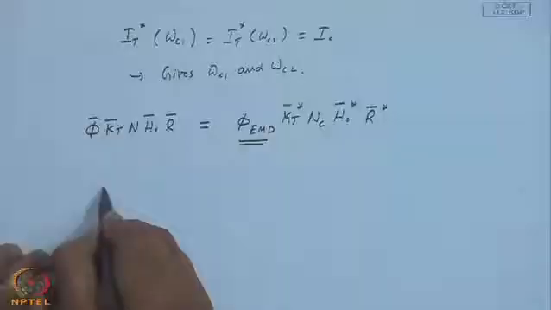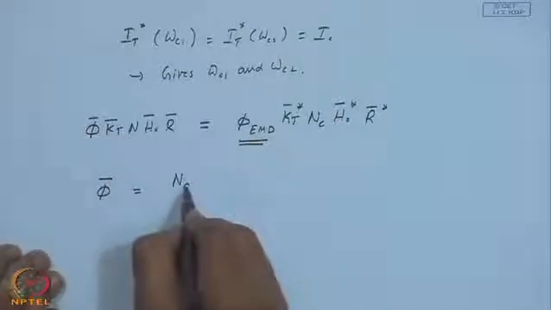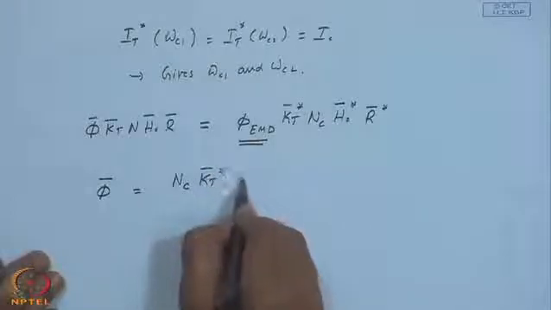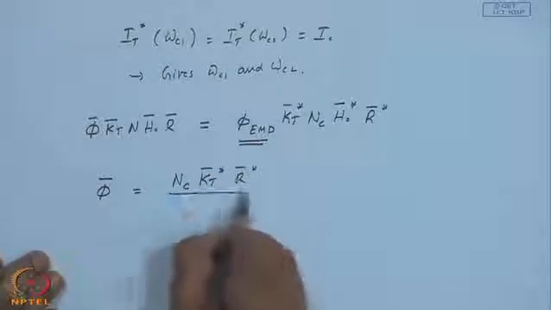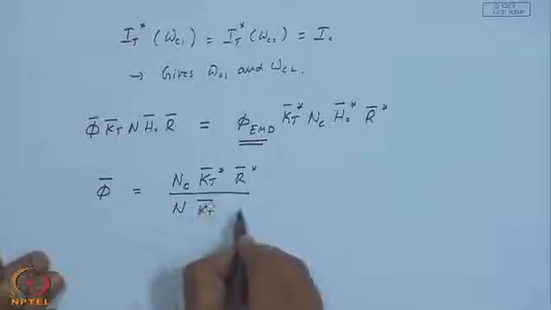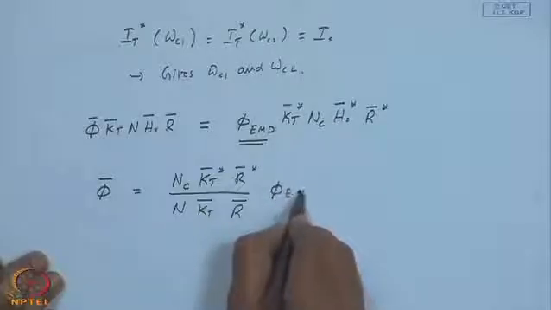So, from this you can solve phibar is NC KT bar star R bar star upon N KT bar R bar into phi EMD.